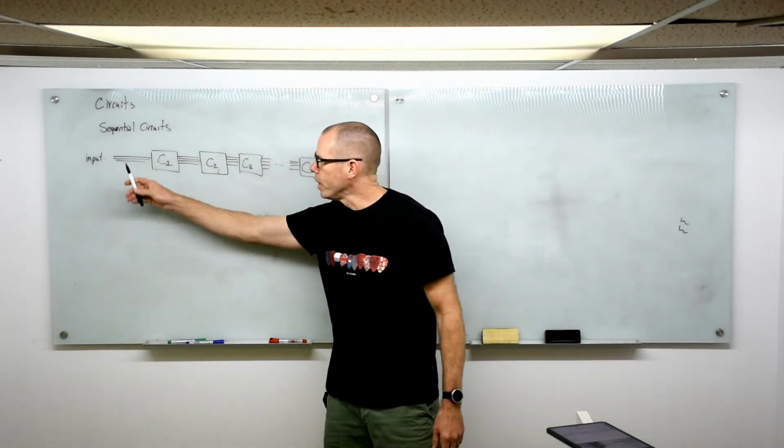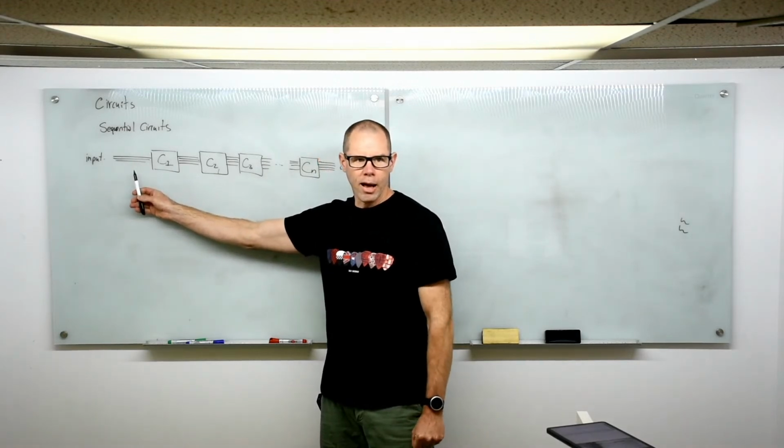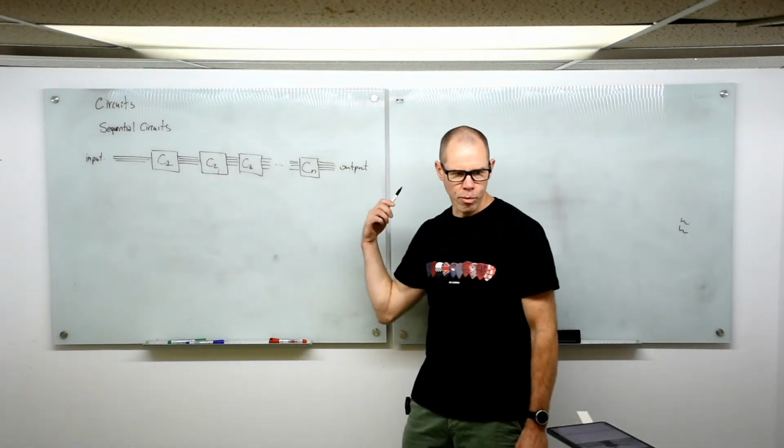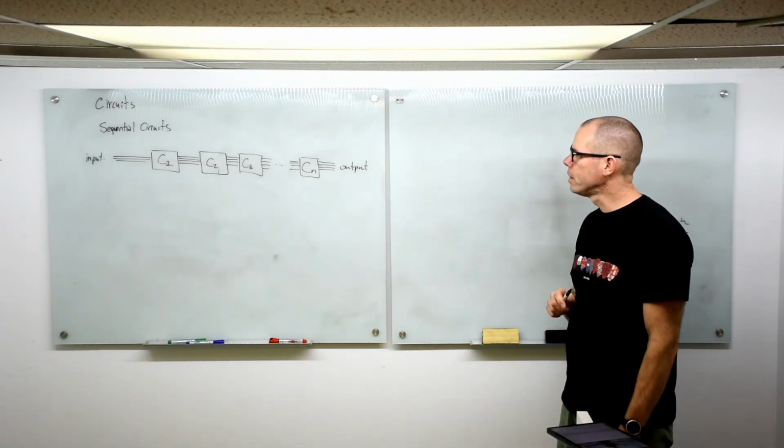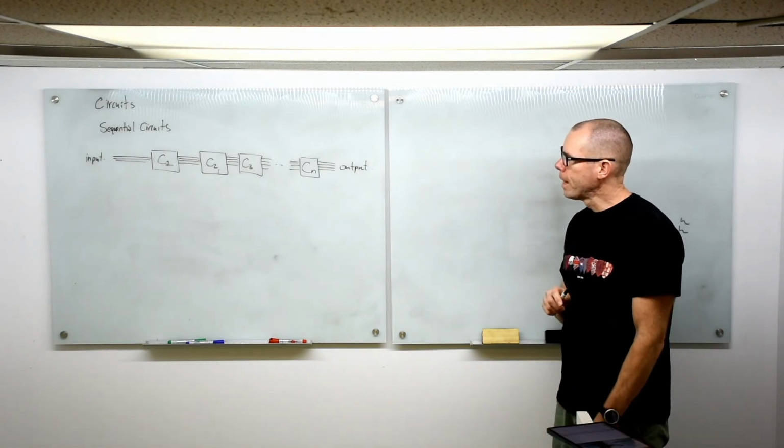The input is a piece of metal that gets passed along from one to the other. So there are lots of situations where this kind of thing shows up, these sorts of pipelines.